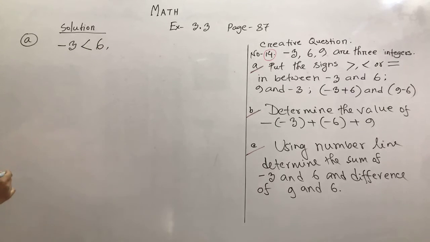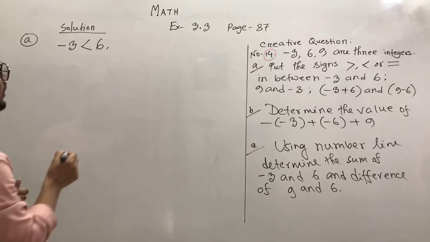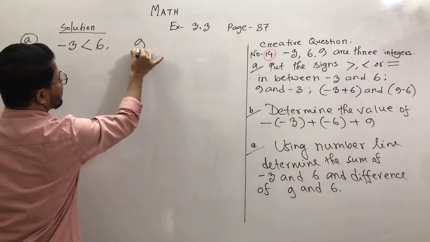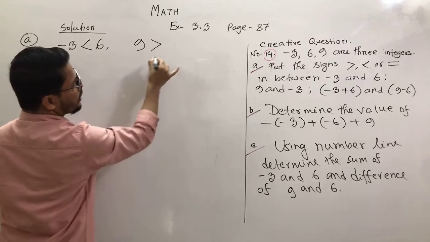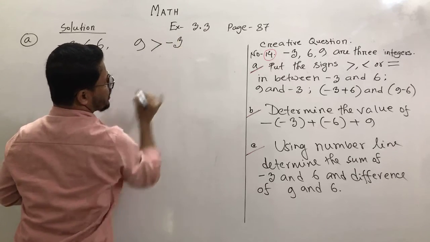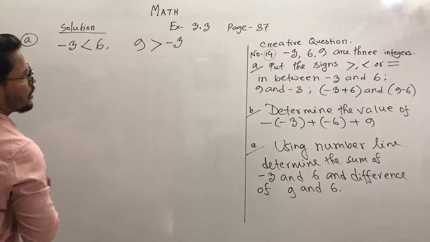The first one is complete. Then second, 9 is greater than -3.